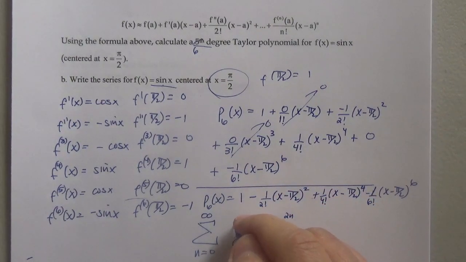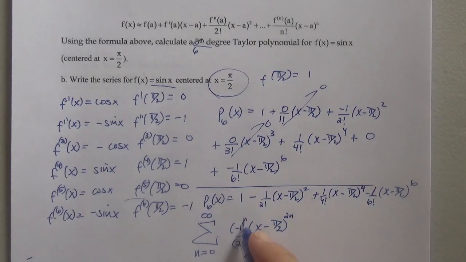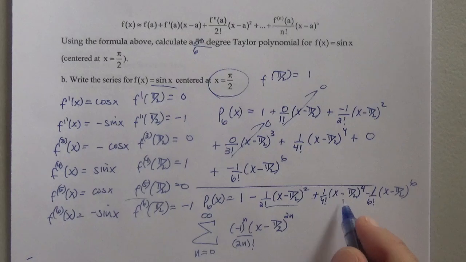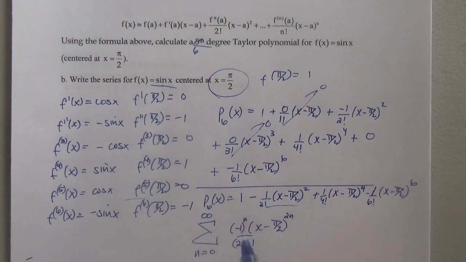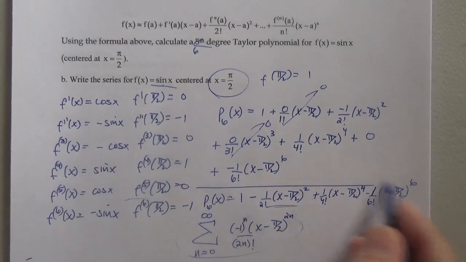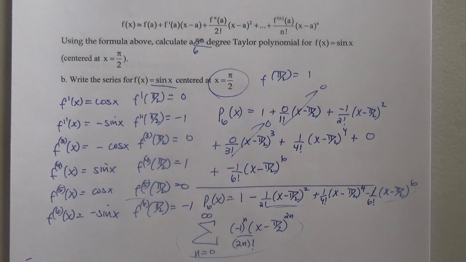And notice that my first term is positive. So when I plug in 0, this just goes away, and so it's just positive 1. When I plug in 1, I'm going to get this negative 1 over 2 factorial times x minus pi over 2 squared. When I plug in 1, it matches up with there. I plug in 2, I'll get those terms. So this is the Taylor series, and this is the Taylor polynomial for that function.